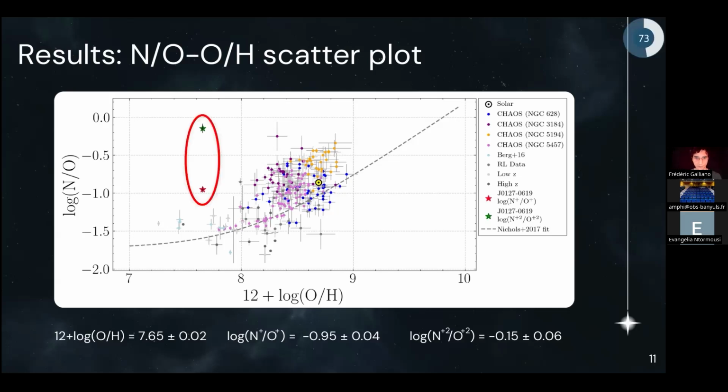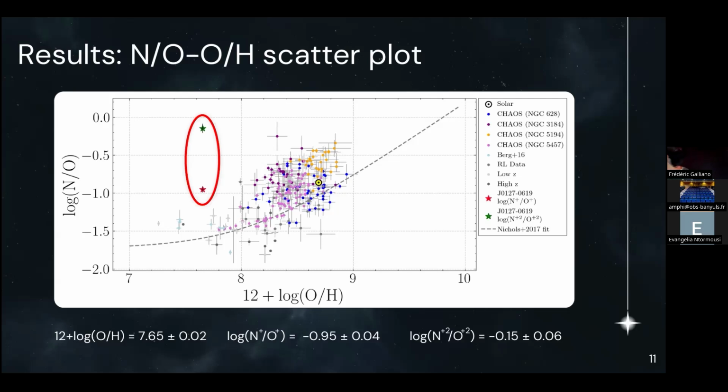So if we focus on those two stars, these mark our galaxy's abundances using different ions, as we have denoted in the legend of this plot. We have the nitrogen 2 and oxygen 2 ratio, and the nitrogen 3 and oxygen 3 ratio.